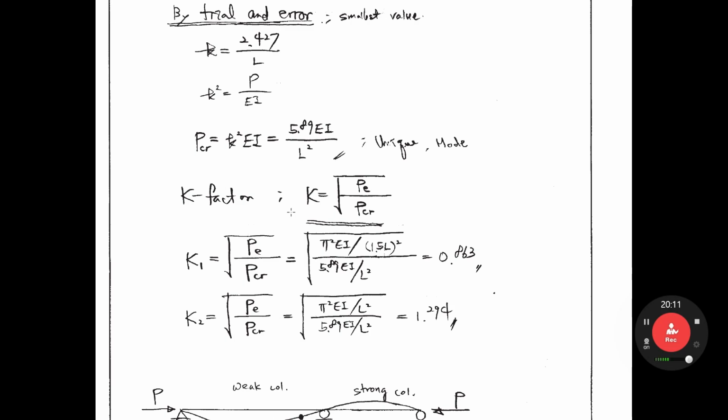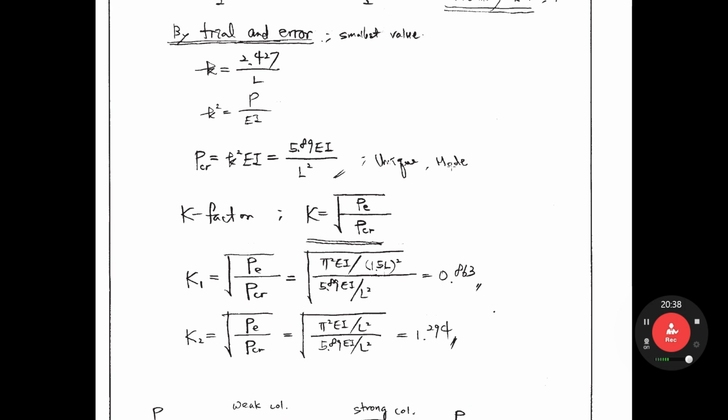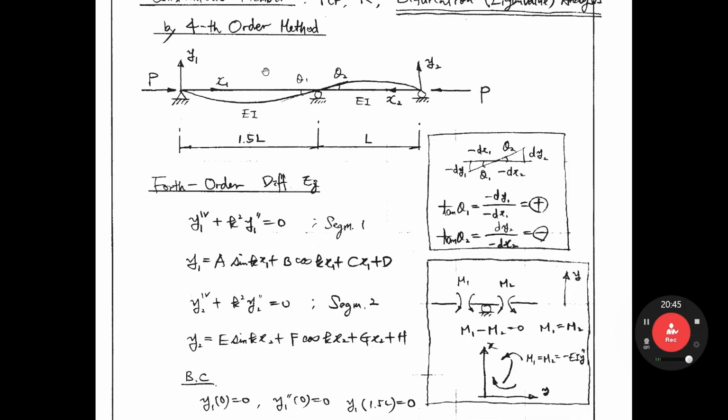Now let's calculate the K factor. Do you remember K factor equals square root of PE over PCR, right? The minimum PCR is just 1, but for this K factor, you can calculate segment 1 and segment 2 separately.